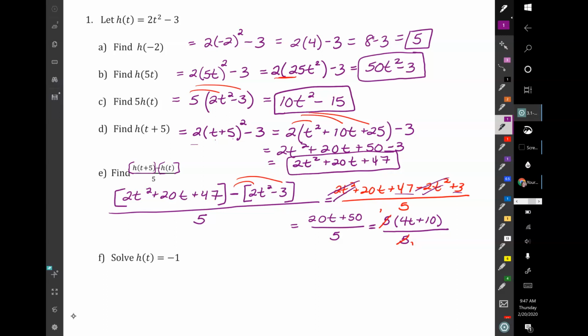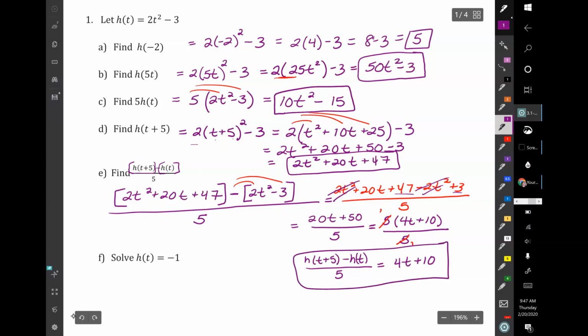So if I write the whole thing out again, h of t plus 5 minus h of t, you don't always have to do this, but just so you can clearly see, all divided by 5 equals 4t plus 10.